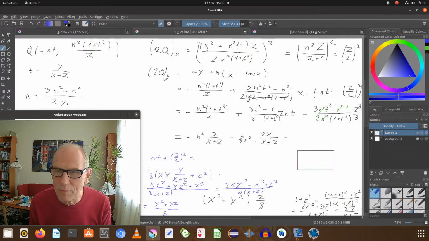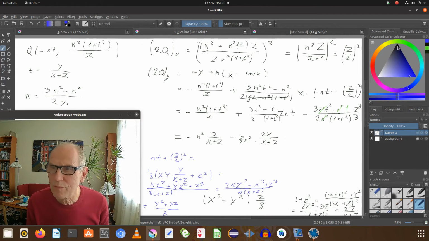I don't hope I'll be using that. Now, where are we? This is it, and then times, let's do it blue, that's fine, then people can see where it comes from. Y squared plus xz divided by 8.